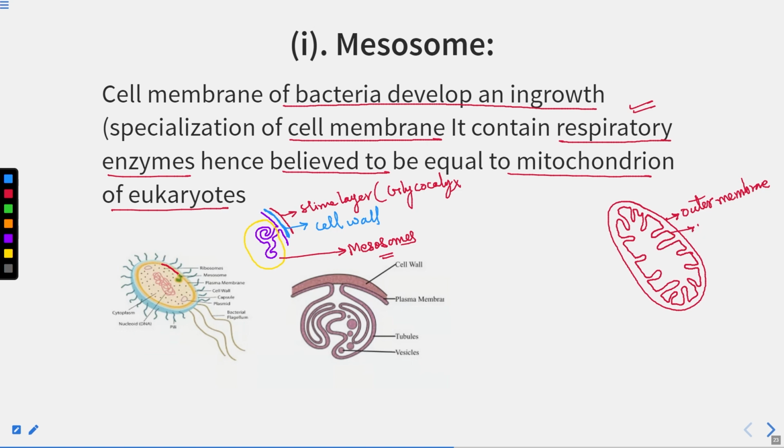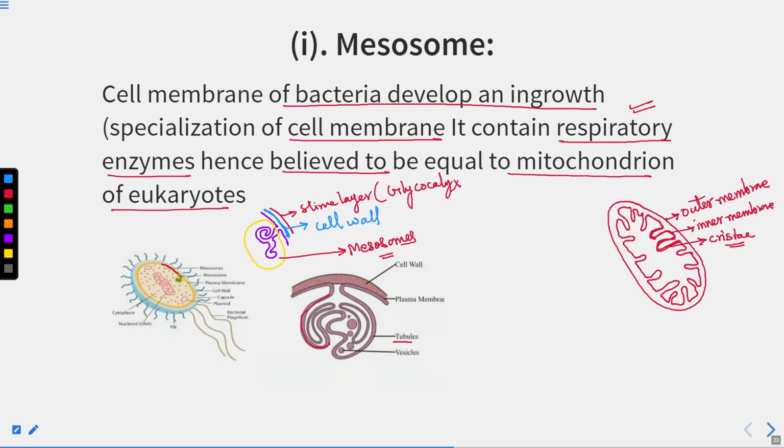So this is the inner membrane, right? And this inner membrane gives a finger-like ingrowth that is called cristae, right? So here what you see, this inner membrane is forming an ingrowth, or you can say an invagination. And in the case of the mesosome also, it is having such type of invagination, right?